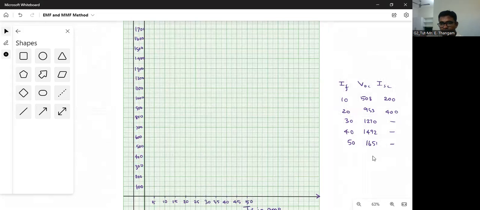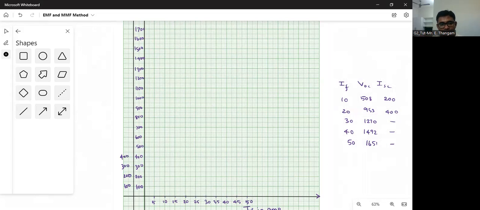Next is the short circuit current. We have only 400 as the maximum value, 400 amps. So we can have 1 centimeter equal to 100 amps: 100, 200, 300, 400.